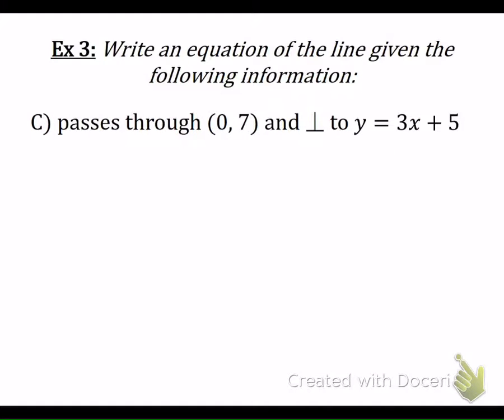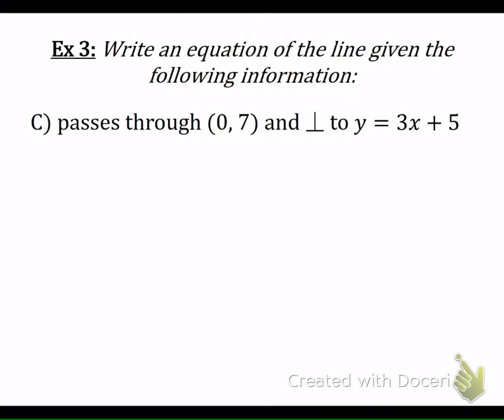All right. Next, we are now looking at lines perpendicular. So we want to pass through the point (0, 7). This symbol means perpendicular to. We want to be perpendicular to y equals 3x plus 5.